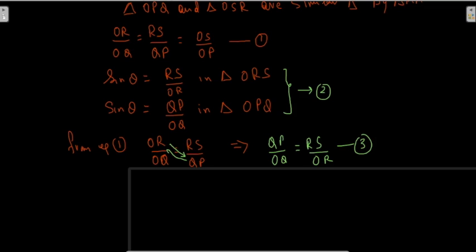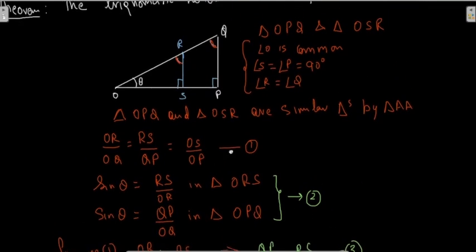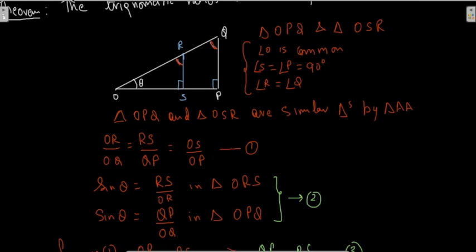In a sense, the position of this point R is irrelevant. We could have had it here, we could have extended both the sides and then drawn it here. Still the value of sine theta would have remained the same, or for that matter the value of all the trigonometric ratios would have remained the same.